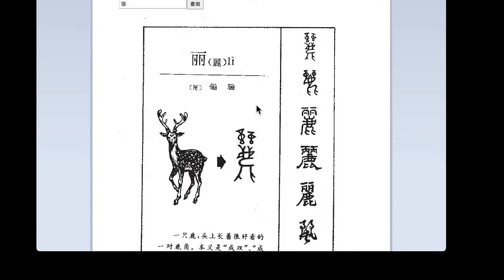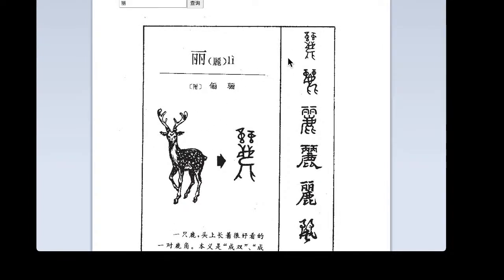Now, when they build that character to carry that meaning, what they did is they literally draw a picture of a deer, a male deer, and then they emphasize the two antlers, okay, the two. So they emphasize that to carry that meaning. And later on it becomes like this, so it has the deer always on the bottom.